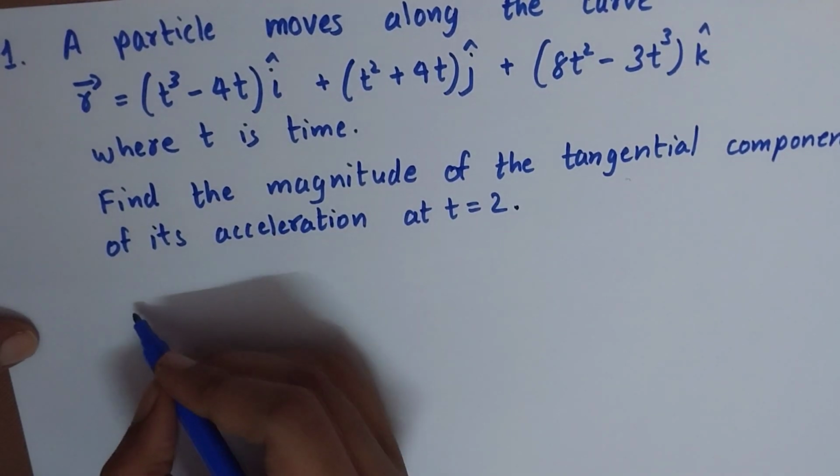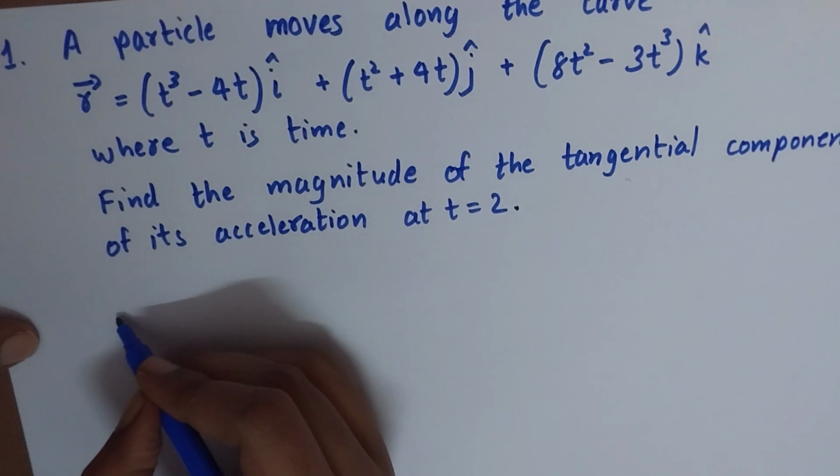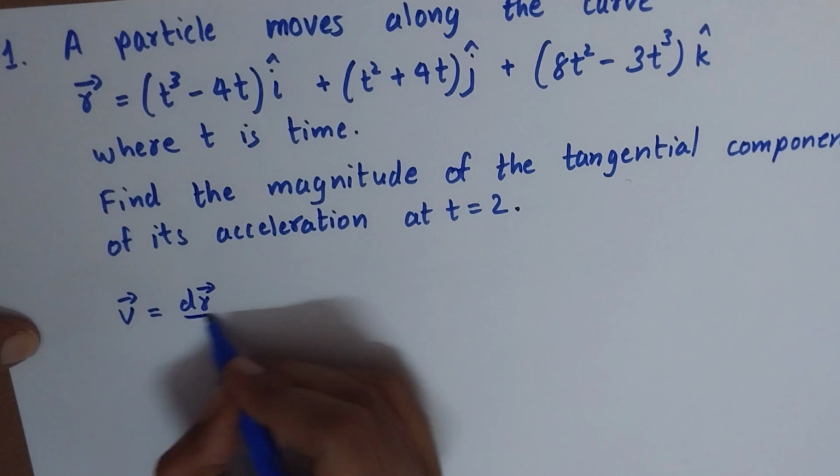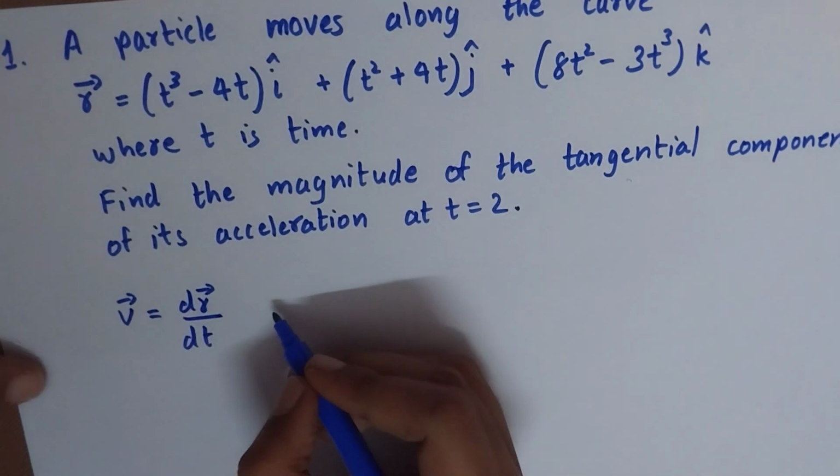First we have to find the velocity vector. Velocity vector is dr vector by dt.